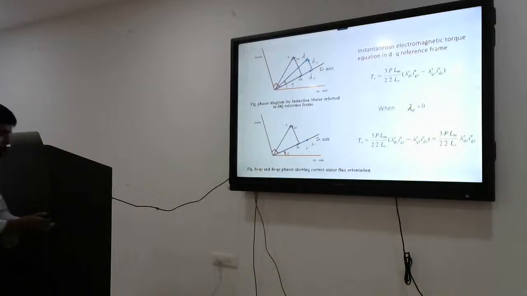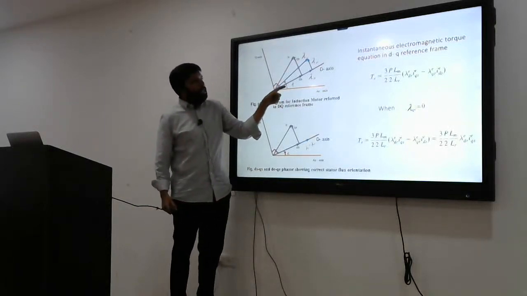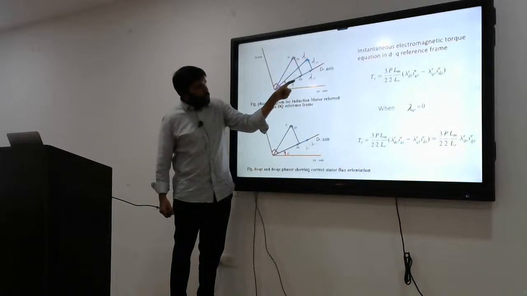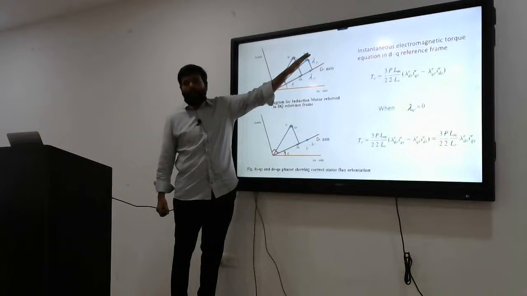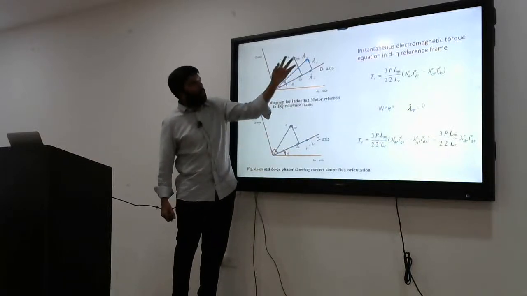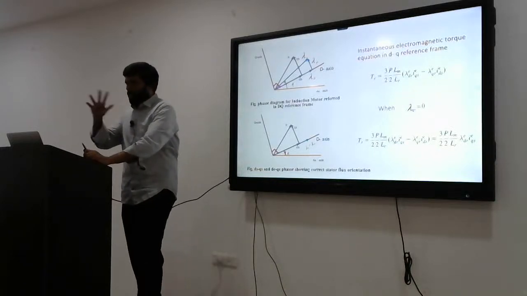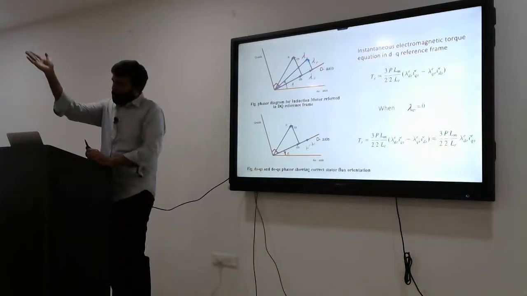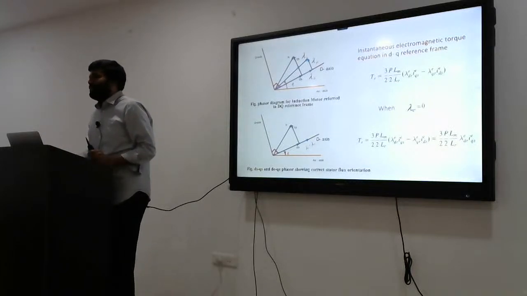Once you know the rotor position, once you know this angle, if the D axis is also maintained at the same angle, so that the D axis is in phase with lambda r, what is the effect of the imaginary component? Very simple. If D is in phase with the actual vector, the effect of the imaginary component is 0.